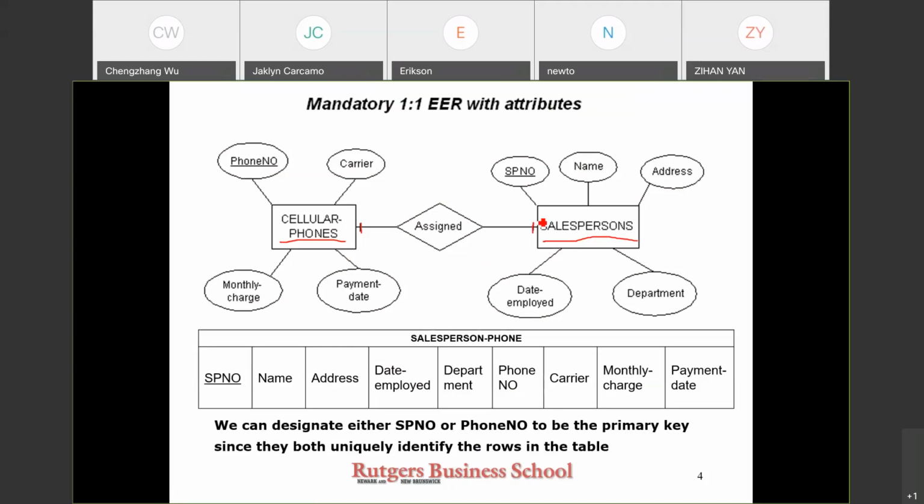Well, since it is a mandatory one-to-one relationship, we apply the first conversion rule and collapse all the entities into one table, as shown in this slide. So this is the resulting table.